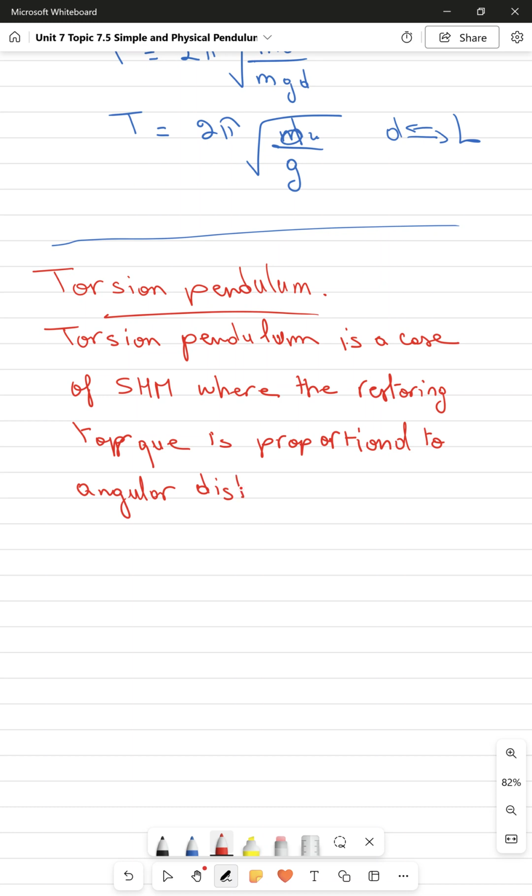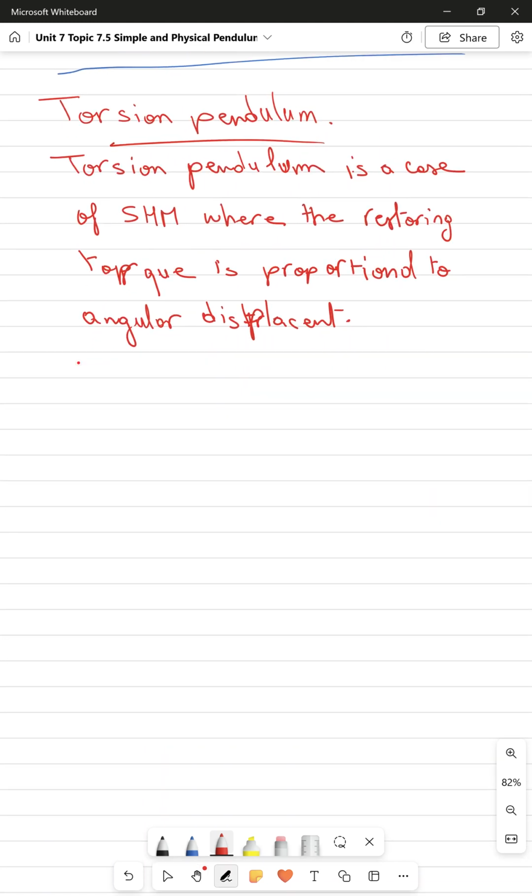So before we had the restoring force and the displacement, here we have the torque and angular displacement. So the torque will be equal to minus kappa multiplied by theta. That's a constant for each pendulum. We call it the torsion constant.